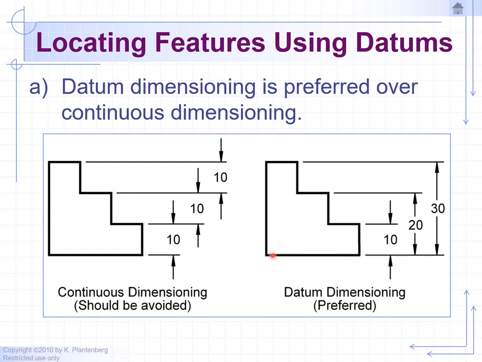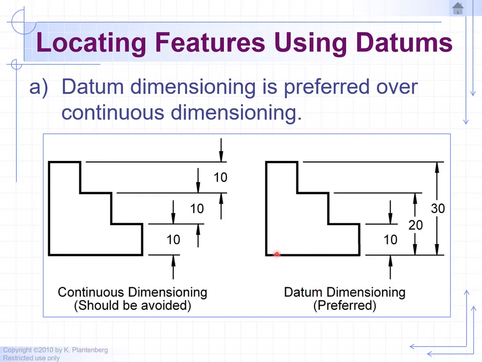So in this case, the base. The base has a larger surface. So we guarantee more accuracy when we dimension from the bottom. So we're going to dimension bottom to top, 10 units. Then bottom to top, next step is 20 units. And once again, bottom to top, 30 units. So think of this as a strong foundation, a strong datum.